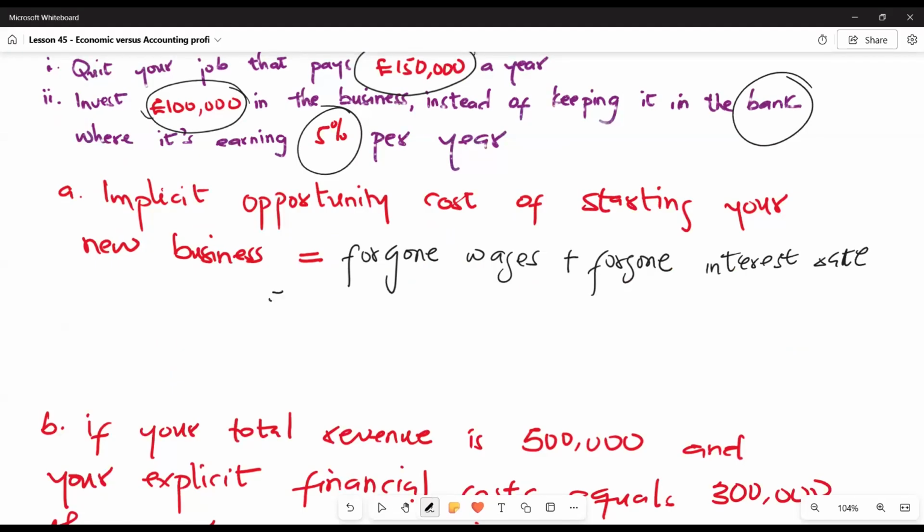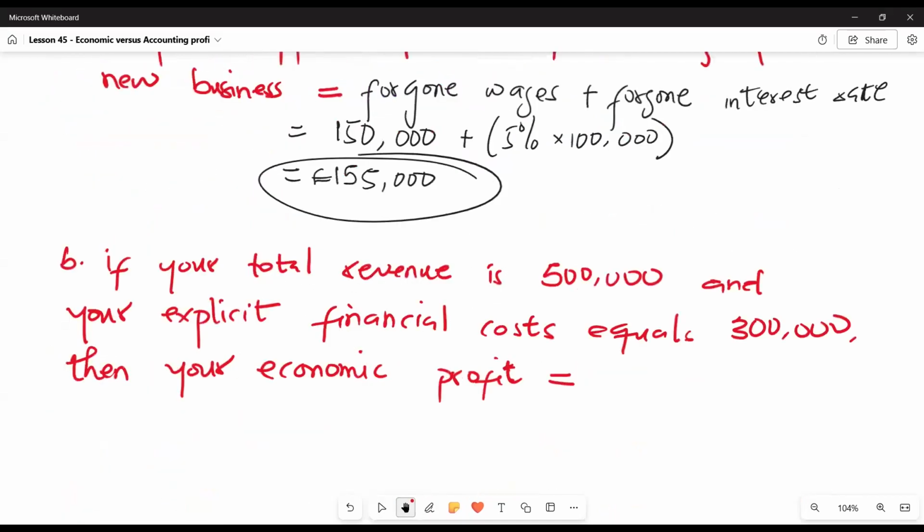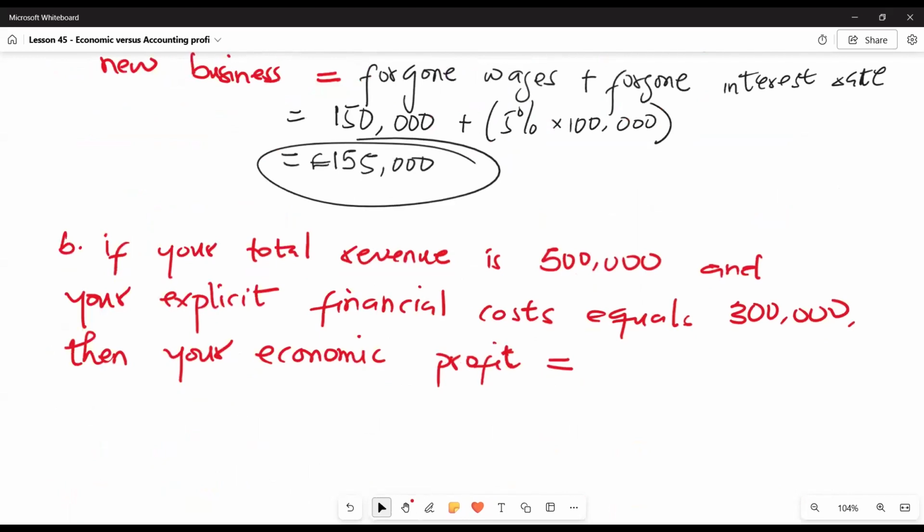So if we calculate this, your forgone wage is £150,000 a year, and the interest is 5% of 100,000. Your implicit opportunity cost in this case is going to be £155,000 a year.